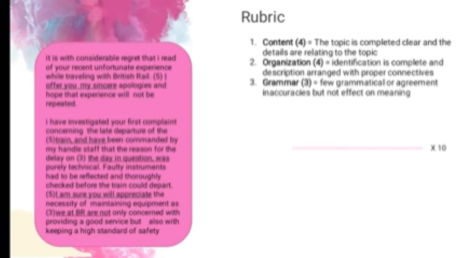For number 3, in the sentence 'the day in a question, comma was', you don't have to put a comma after to be. So I think there is some mistake in the grammar. And the second for grammar, you don't have to put r after the adverb because it's not clear.